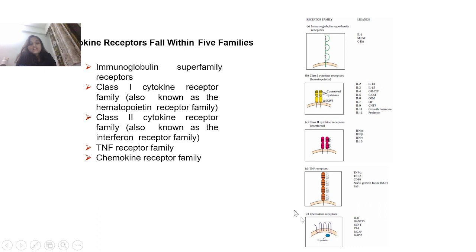Then there are chemokine receptors like IL-8, RANTES, MCAF, etc., and this is a G protein family receptor. So depending on the structure of the receptors, the cytokine receptors are divided into five families. These have different kinds of domains and structures. So different cytokines or ligands fall into different receptor families.